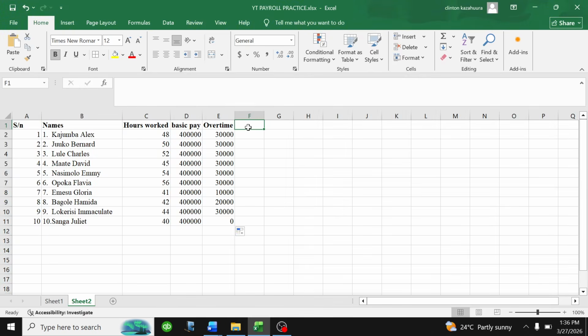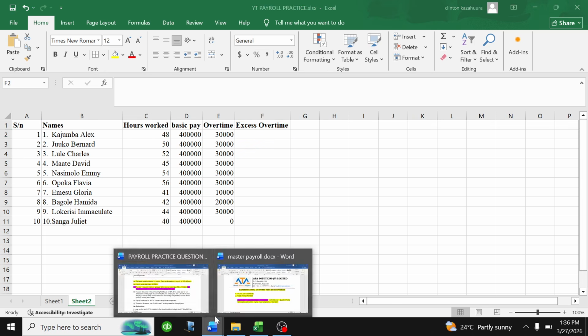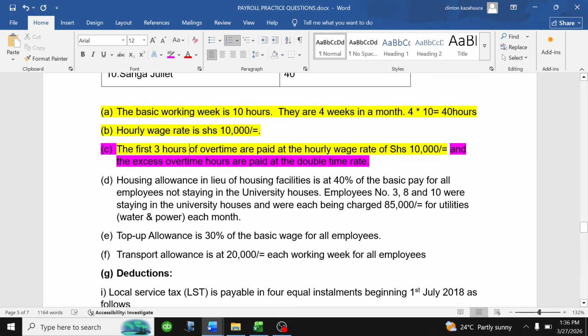So I'll say excess overtime, and they are giving us a condition. So that means automatically those who have worked for 43 and below, those ones they cannot get. We shall only award those who have worked so hard beyond 43 hours. This scheme is for only those who have worked beyond 43 hours.